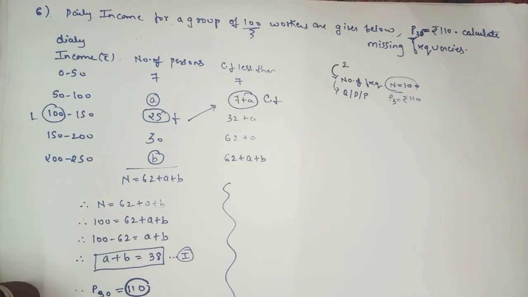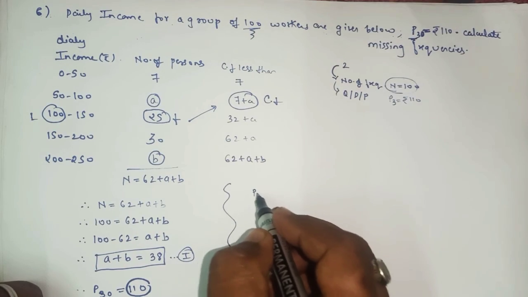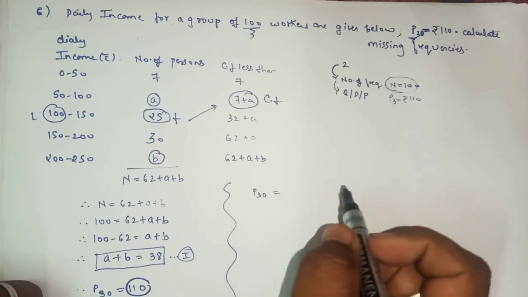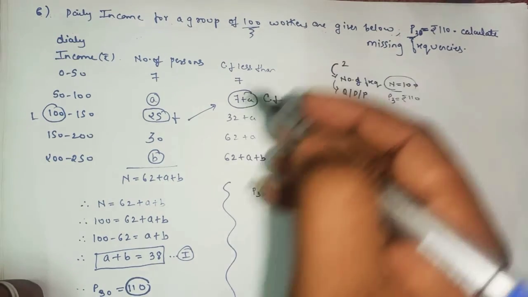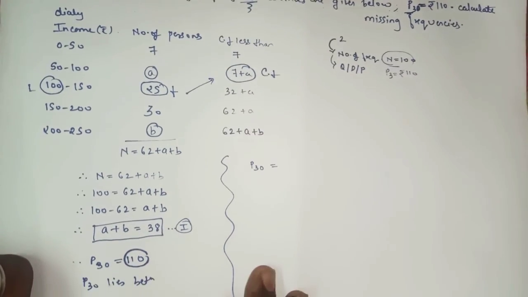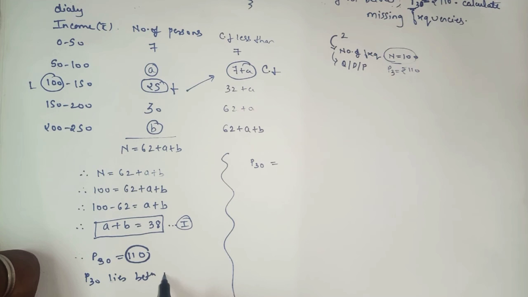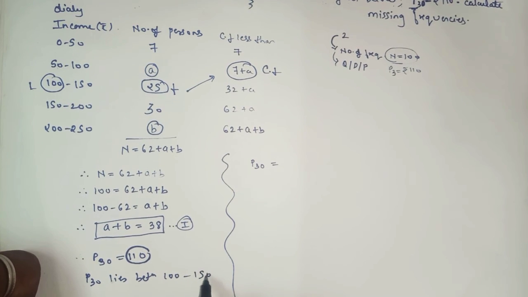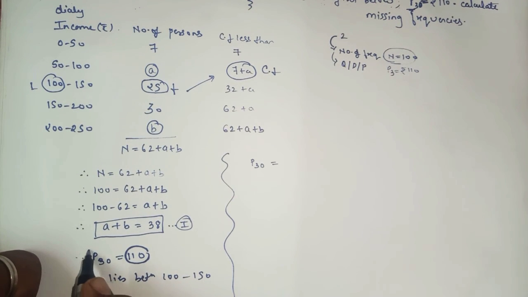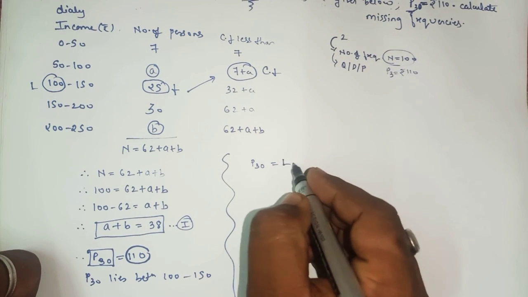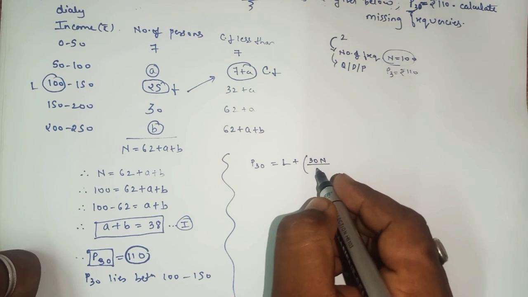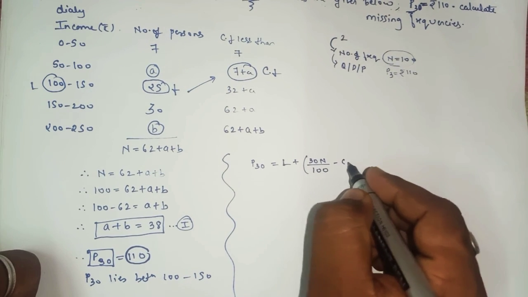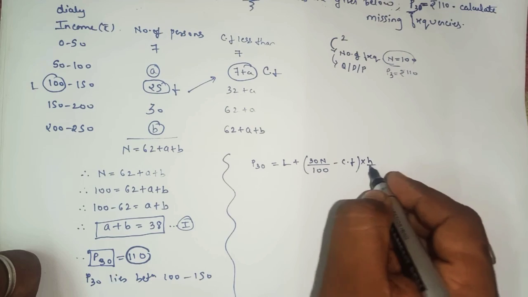As here we have P30, so of course we have to apply the formula of P30 only, and we know how to find the value of F and L. The formula is L plus 30N upon 100 minus CF into H upon F.